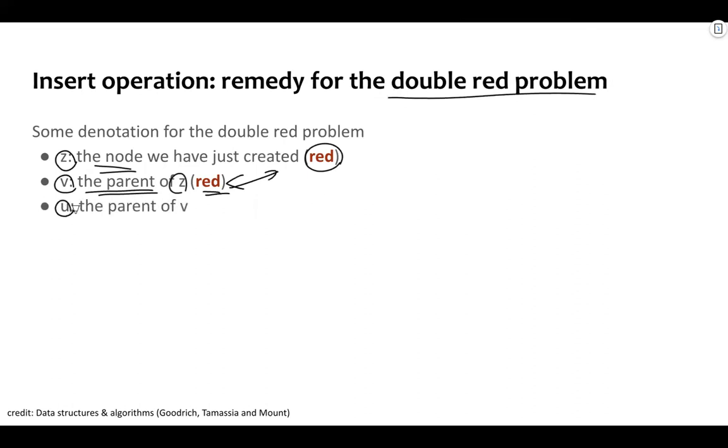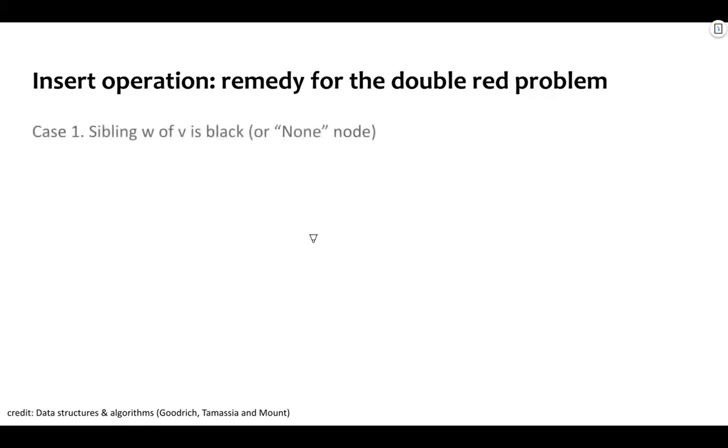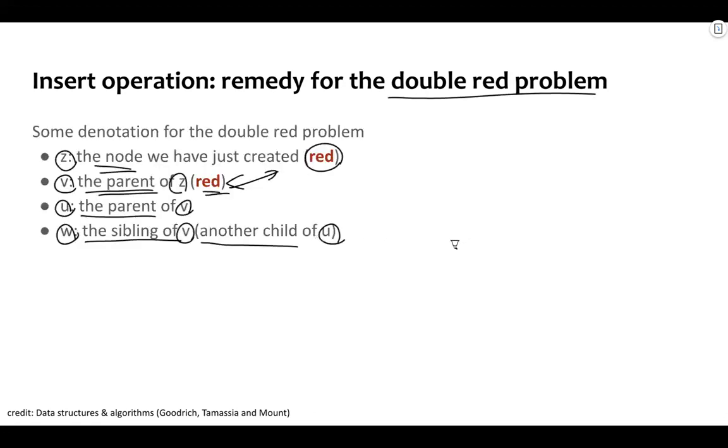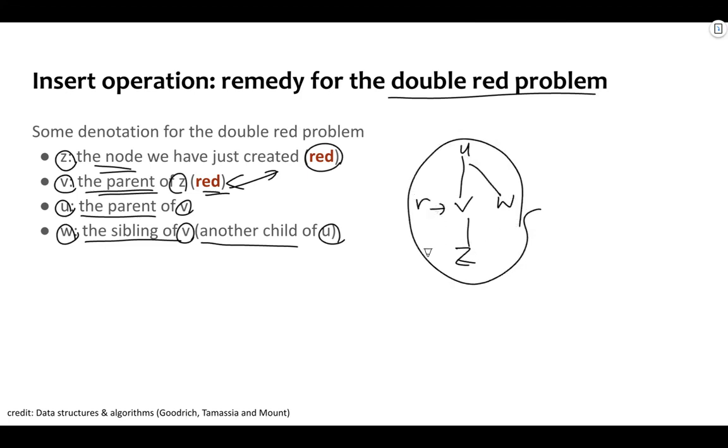And let's say U is the parent of V, and W is the sibling of V, another child of U. So the parent of Z is V, the parent of V is U, and the sibling of V is W. So this is the configuration. And V is red, Z is red. Okay, so we are considering this situation.